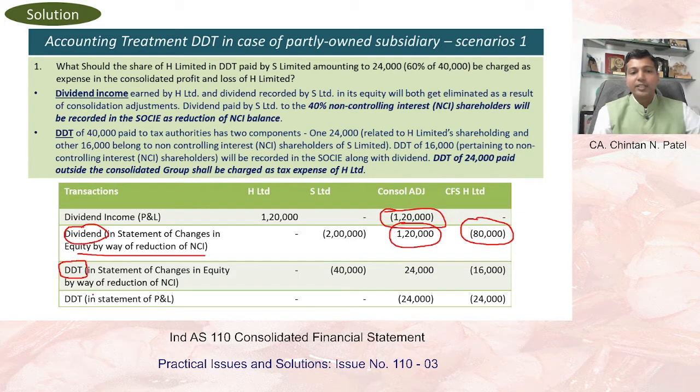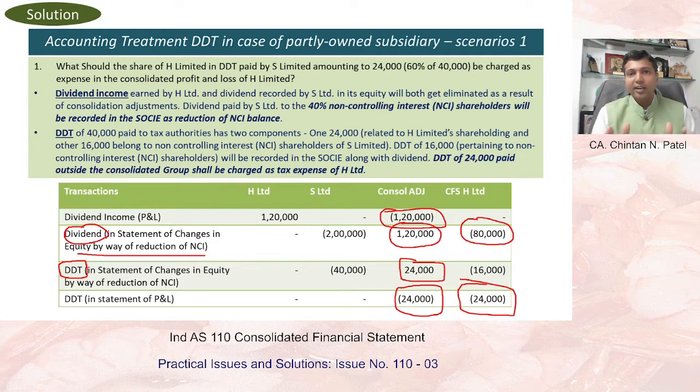So that is an expenditure for the holding company. There will be a reclassification of 24,000 rupees from changes in equity to the profit and loss statement, which means there will be a charge of tax expenditure in the consolidated profit and loss statement of H Limited.